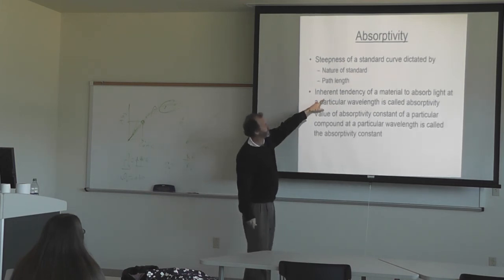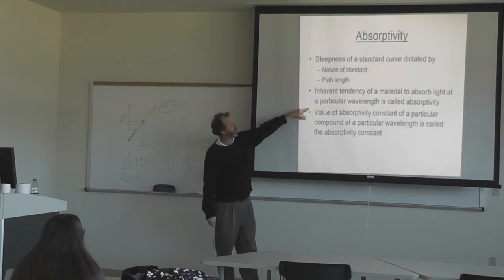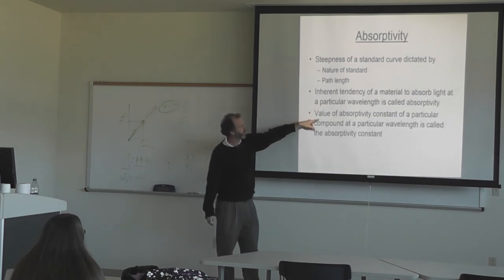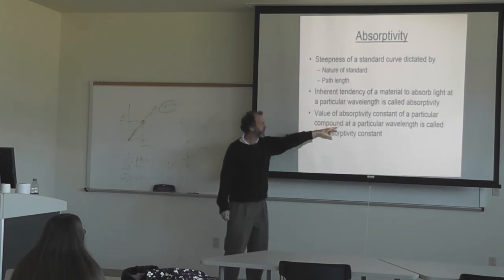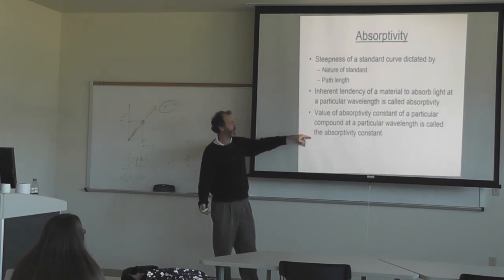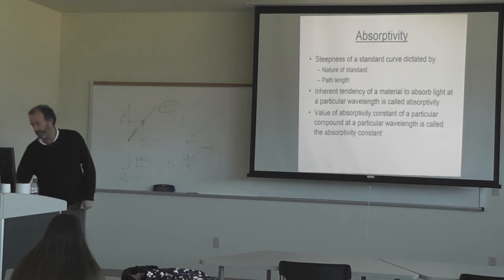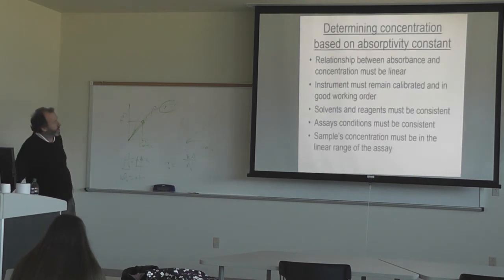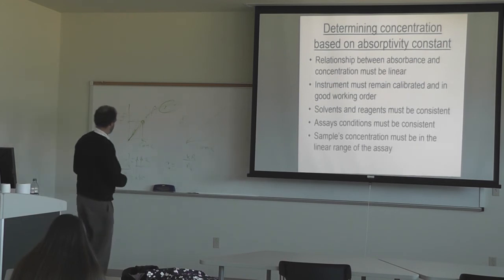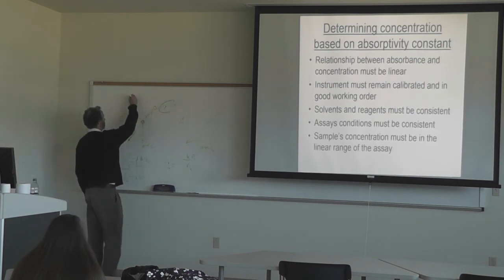There's an inherent tendency of a material to absorb light at a particular wavelength. That's called the absorptivity, and the value of the absorptivity is constant for a particular compound at a particular wavelength, and that's called the absorptivity constant. And determining concentration based on the absorptivity constant is easy. If you know the absorptivity constant, then you just plug it in.